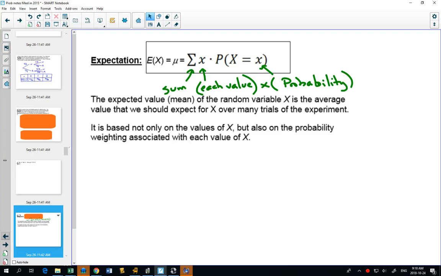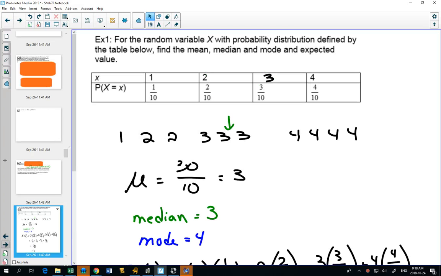So if we look at our results from this question that we just completed, can you see when we listed it out 10 times and had 1, 2 twos, 3 threes, 4 fours, and added it up correctly to 30, that our mean would be 30 divided by 10 things, 3.